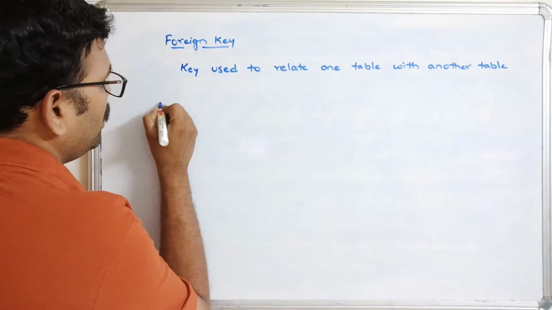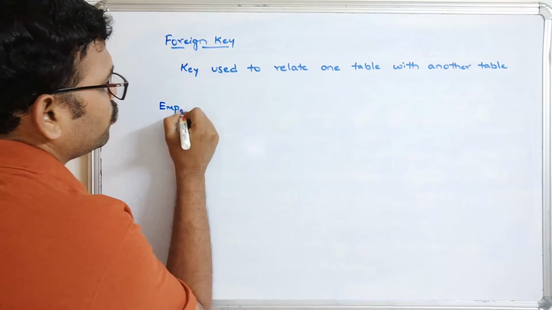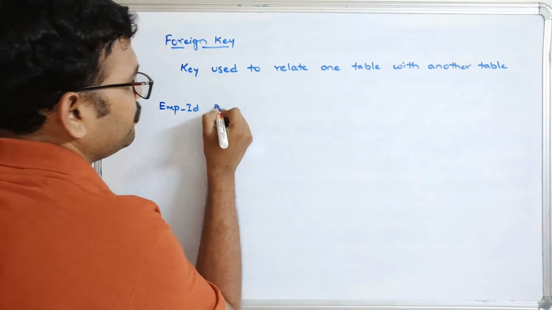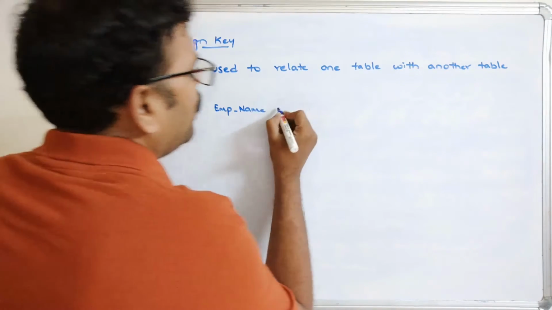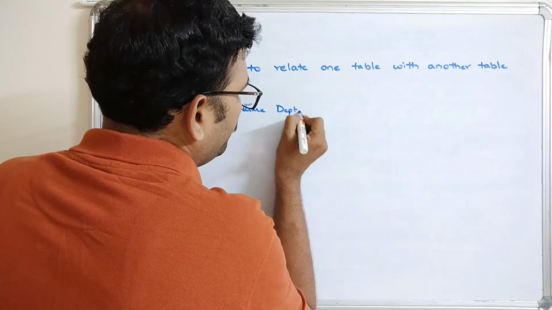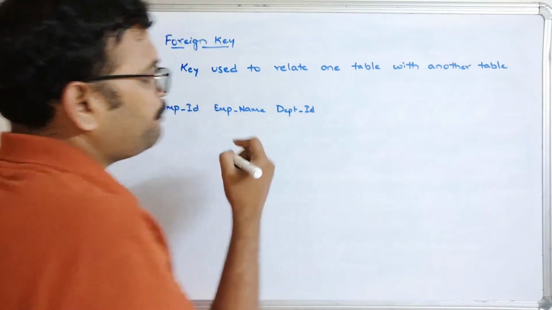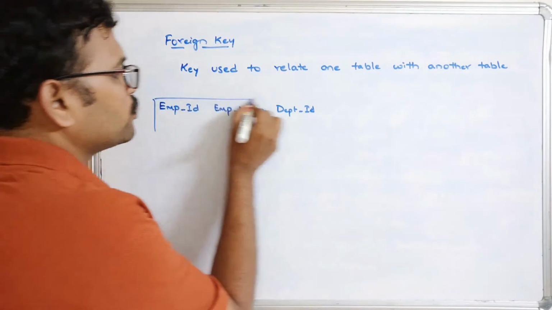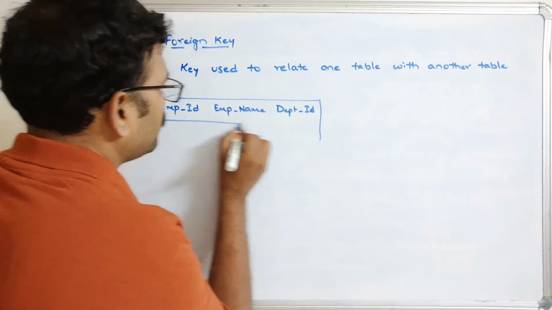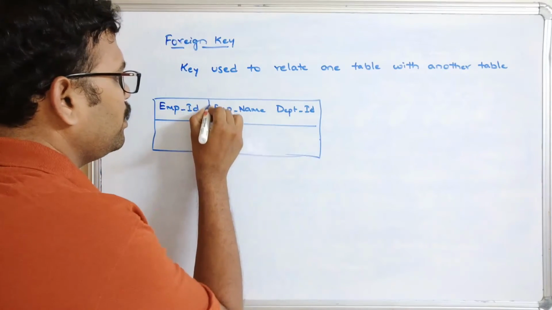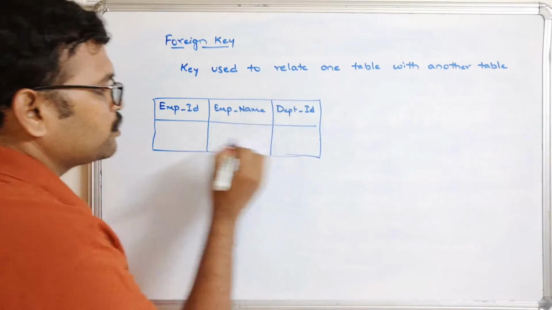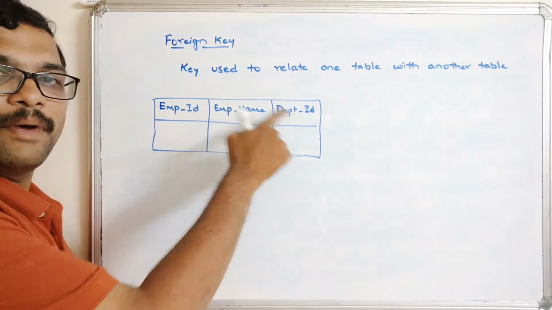For example, let us consider the employee table: employee ID, employee name, and department ID, meaning the department the employee belongs to. Let us have a short table; just for understanding, we'll take only three attributes: employee ID, employee name and department ID.